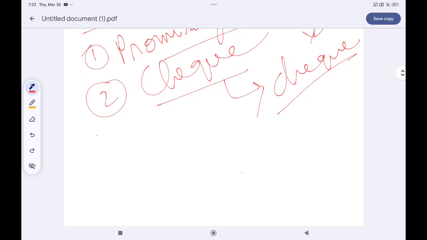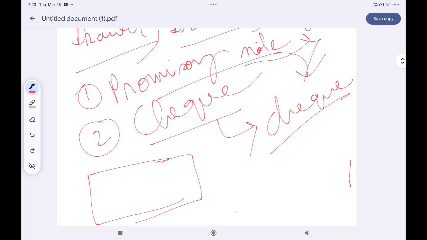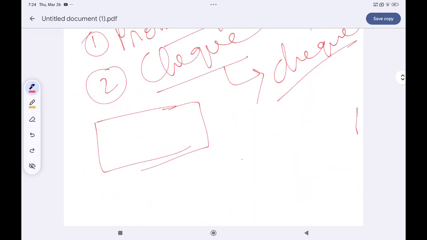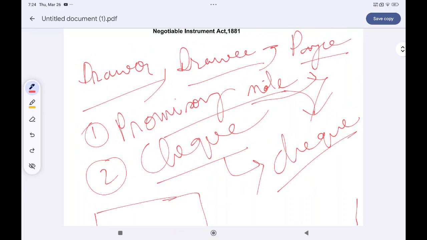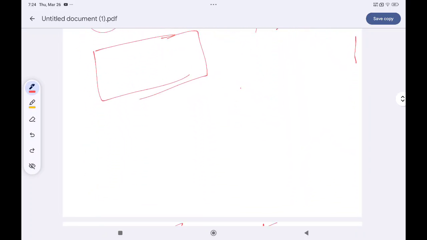But that's not the point right now. The point is that we have to understand the difference between the promissory note and the cheque. So let me try to explain drawer, drawee, and payee with the help of the cheque.